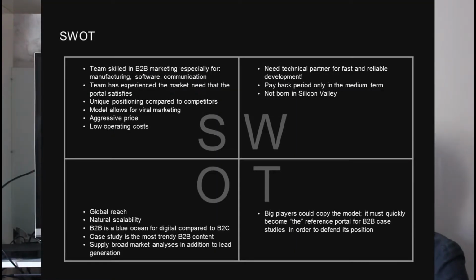The great opportunities are that the portal is global and has a natural scalability; it is built to be scalable. It's a blue ocean because it's in B2B marketing, which is really a new world compared to B2C.